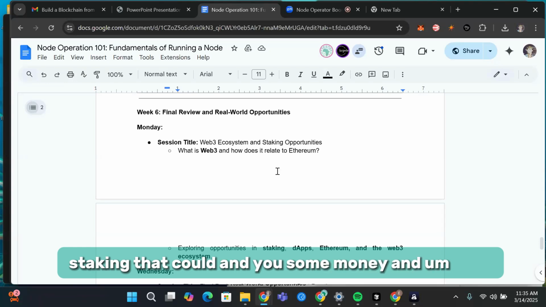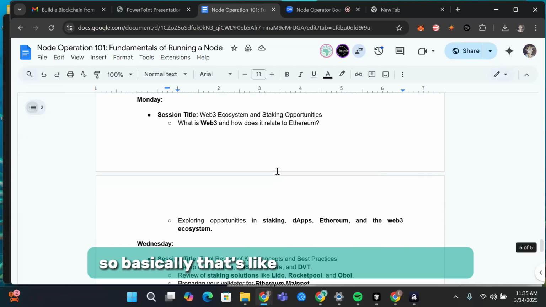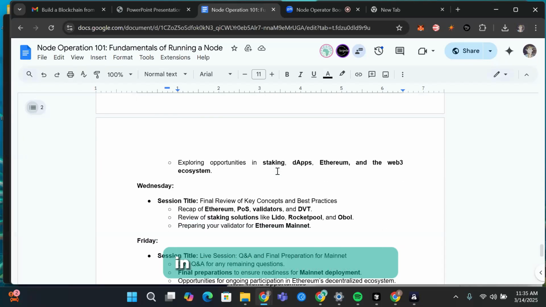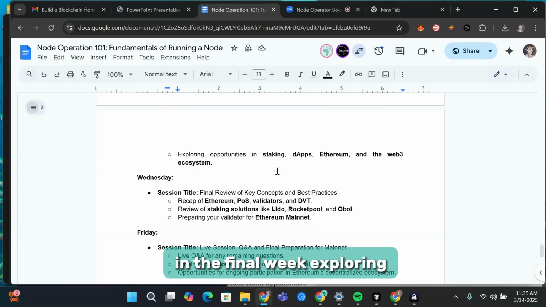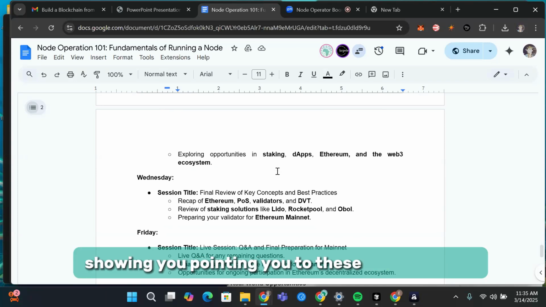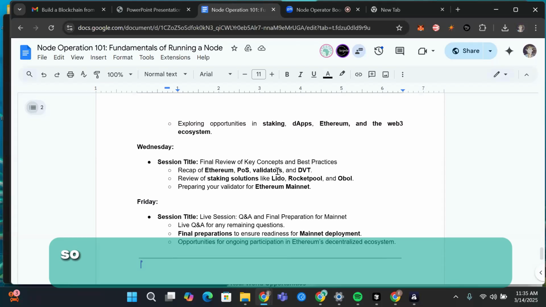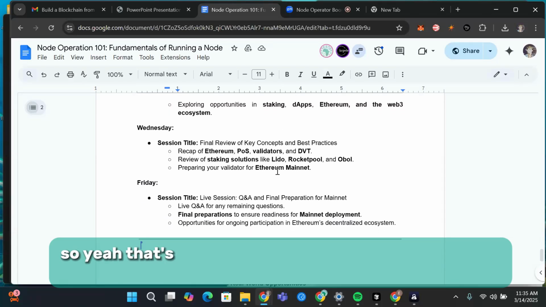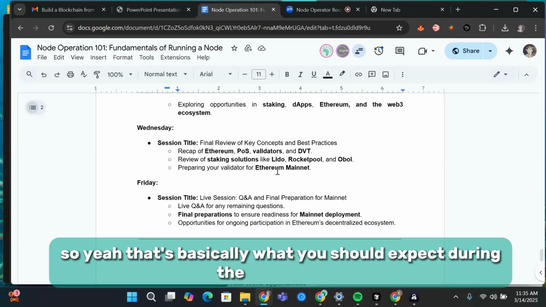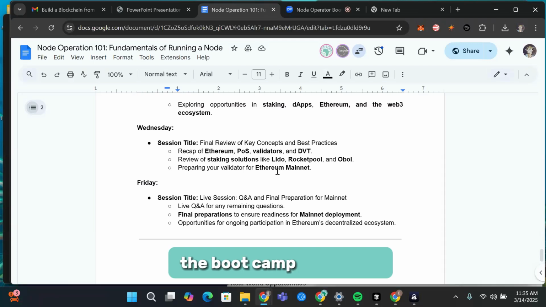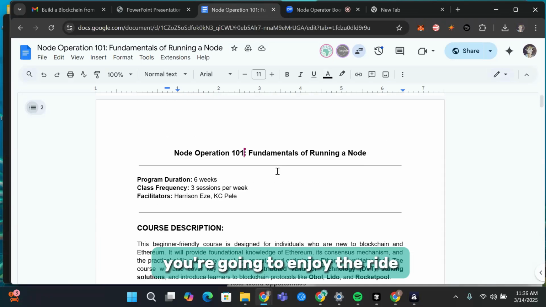And basically that's what we'll be doing in the final week: exploring, and pointing you to these areas that you can explore. So that's what you should expect during the program, the boot camp. And trust me, you're going to enjoy the ride.